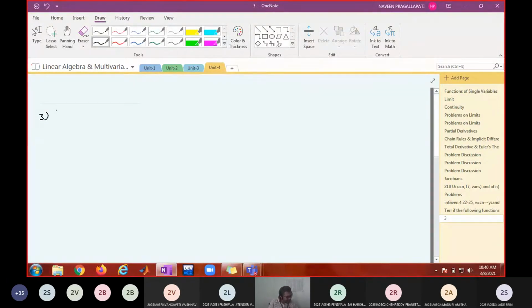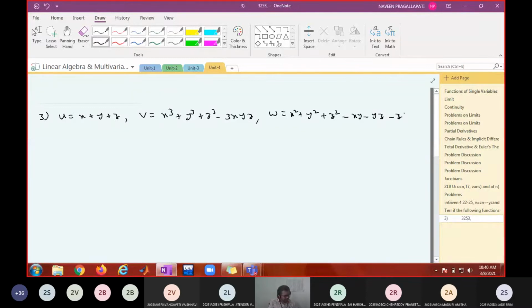Third one. Note down. u equal to x plus y plus z, v equal to x cube plus y cube plus z cube minus 3xyz, w equal to x square plus y square plus z square minus xy minus yz minus zx.